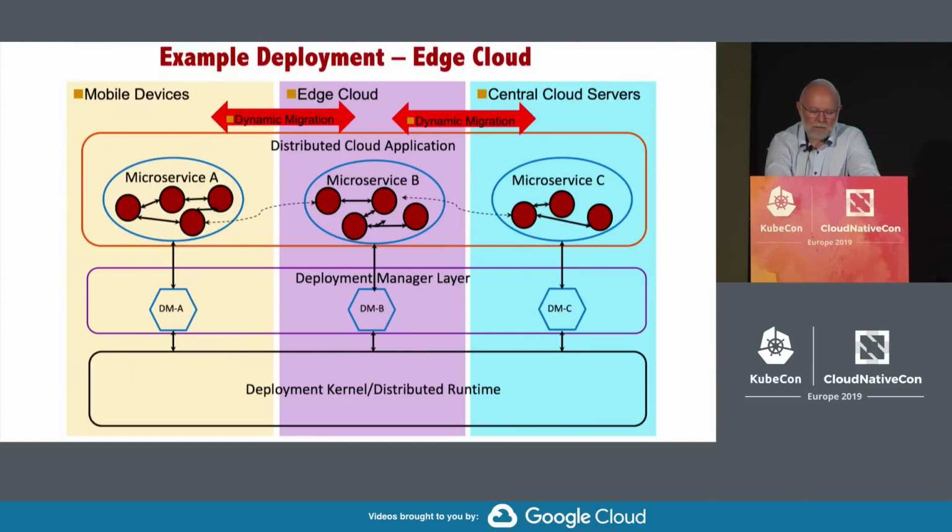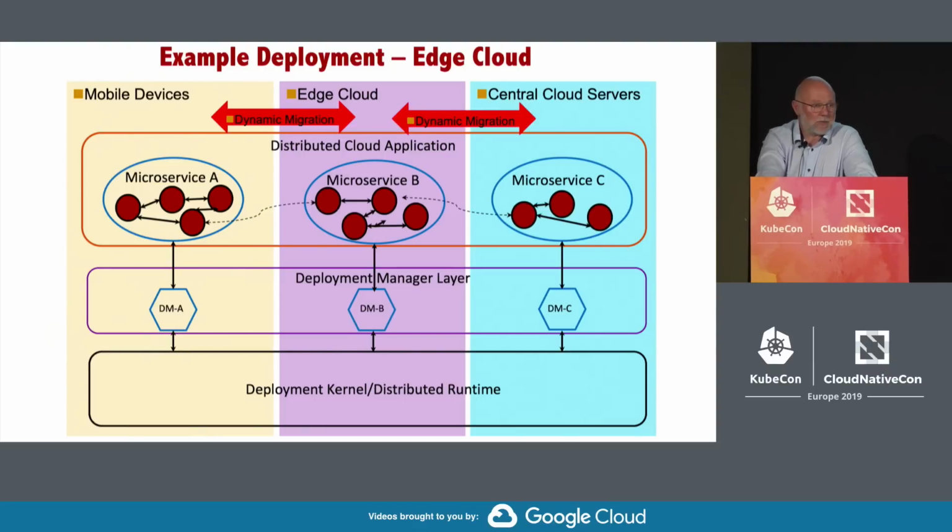And just to give you an idea of what an in-practice deployment might look like, and I apologize for the not very good color scheme here. Basically, we have this big distributed cloud application broken up into microservices, and obviously each one of those microservices might be further decomposed into other modules.